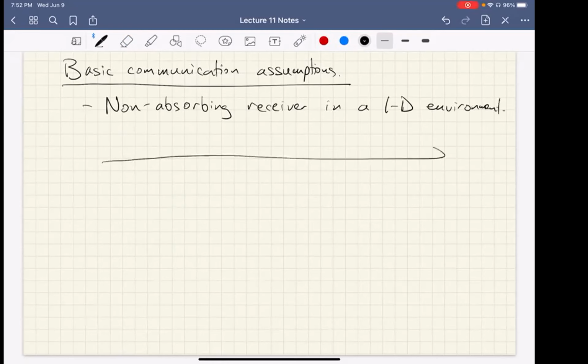Here's your 1D environment. It's going to be infinite in both directions. With the absorbing receiver, there was a point at which the receiver existed, and nothing could progress beyond that point, because if it arrived at that point, it was absorbed. Here, my receiver, script R, is going to exist here, and it's going to go from A to B, where A is greater than B.